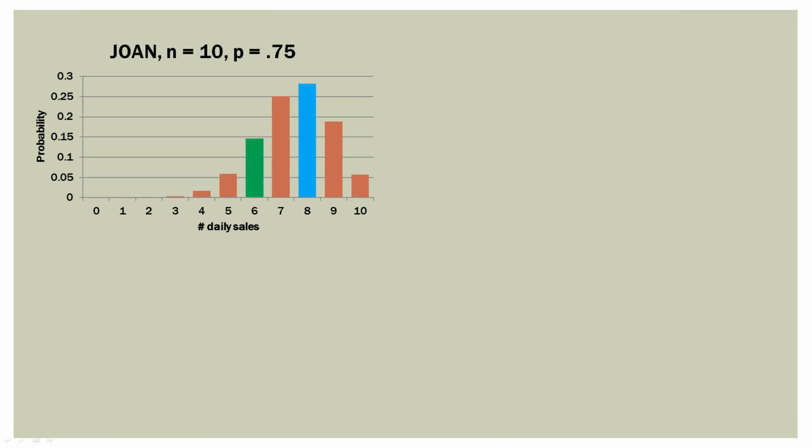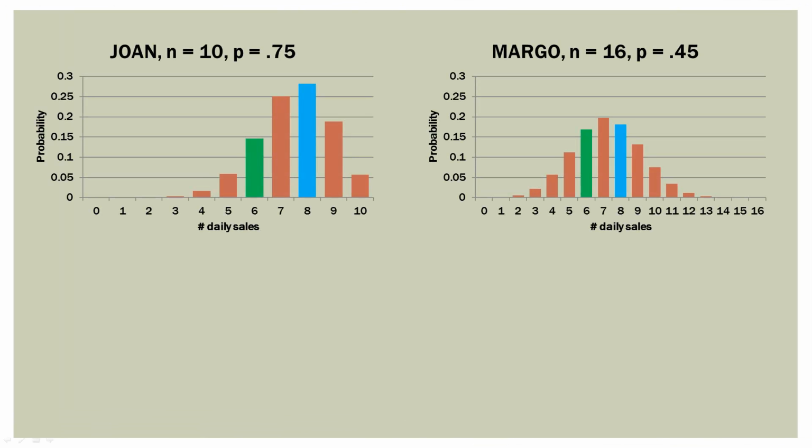So let's look at these two together. On the left we have Joan's binomial distribution. And you can see that the height of each bar is the probability of making that specific number of sales per day. So you can see in the green bar, her probability is just below 0.15.